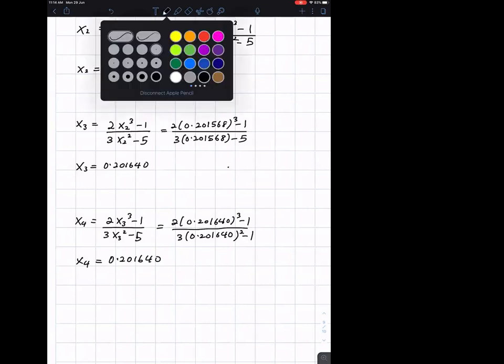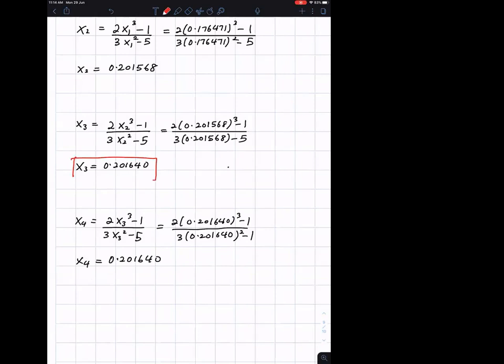So you can see it's not changing from here to here.